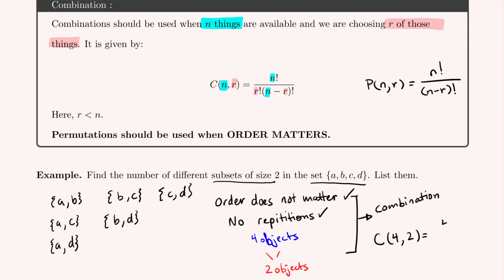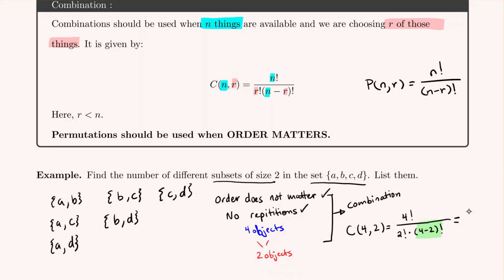So that would be 4 factorial over, now r is 2, so that's 2 factorial, multiplied by 4 minus 2 in parentheses, then factorial. We know that we always simplify what is in parentheses first, and that would be 4 factorial over 2 factorial. Now 4 minus 2 is 2, so this is another 2 factorial.